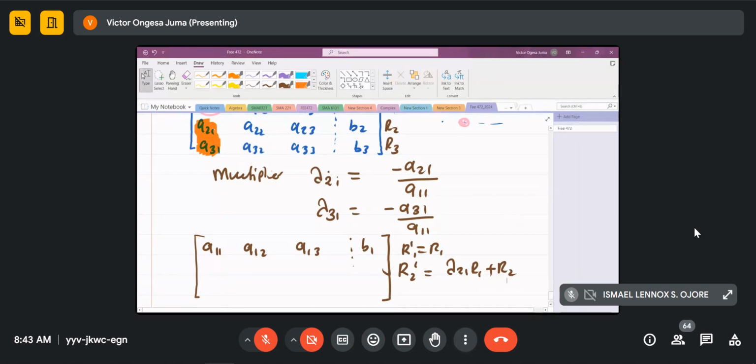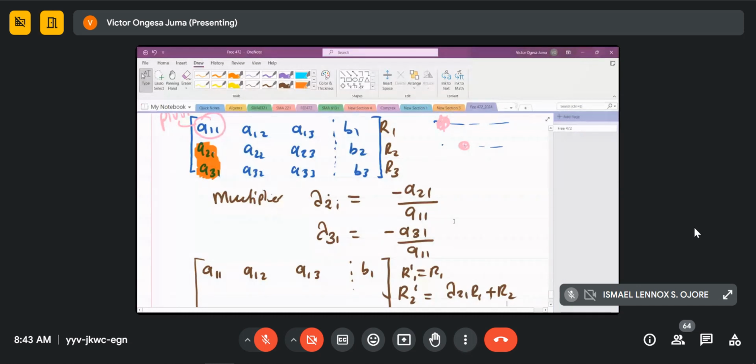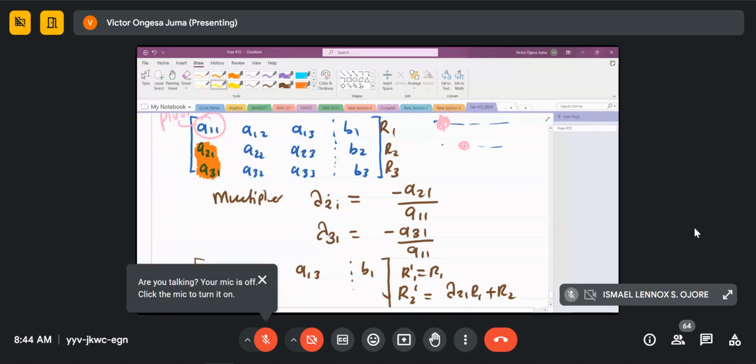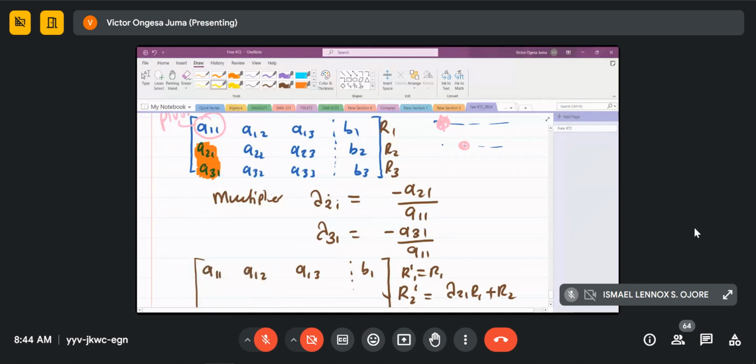Just take only the first number. If I multiply lambda 21 by A11, what do I have? Minus A21. Yeah, I obtain minus A21. And now, what happens if I add it to row 2? I'm adding minus A21 plus A21. What do we get?